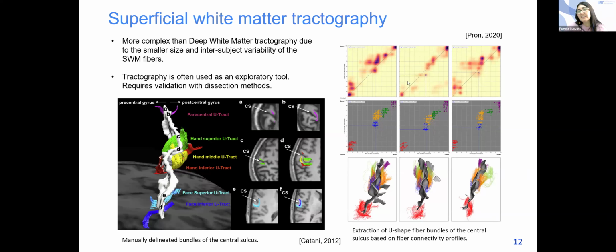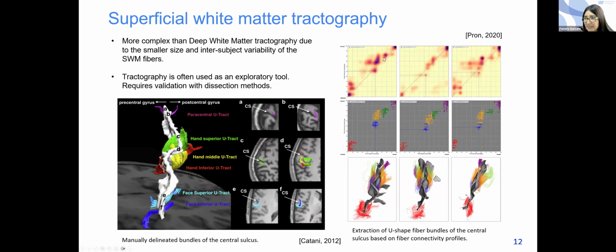What is difficult for the analysis of these fibers is that they are very related to the morphology of the sulcus, and we know that this morphology is very different between subjects. So it's difficult to develop methods that can identify the same bundles across subjects.